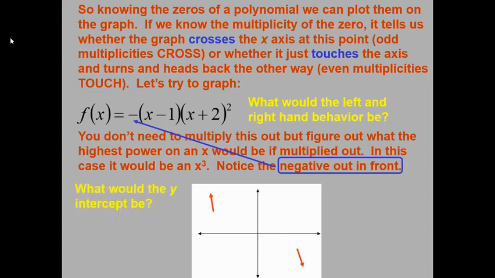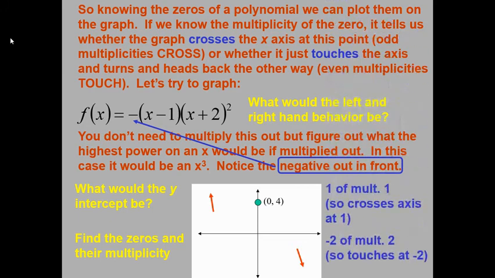What would the y-intercept be? Let's put in zero for x, and you'll see that you get 4. Find the zeros and their multiplicities. Well, what are the zeros? The zeros are 1 and −2, and −2 has a multiplicity of 2, so it touches at −2.